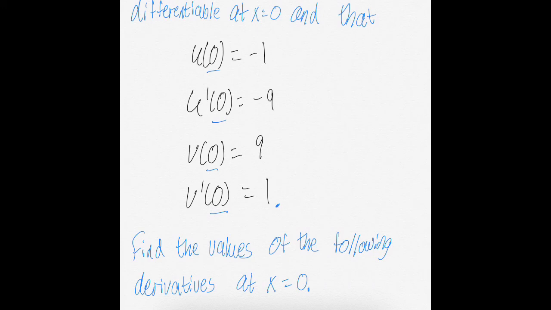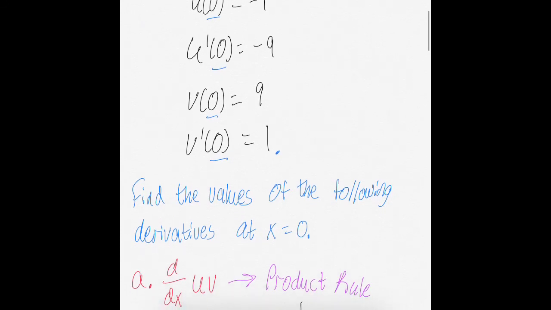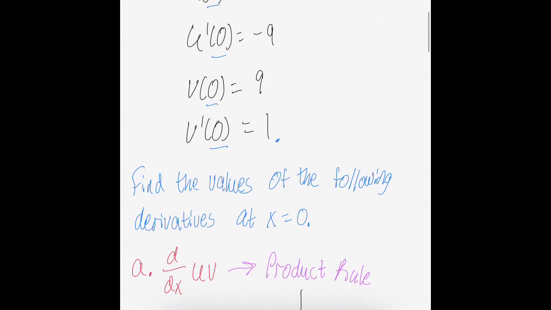The other comment is that one of the cool things about this problem, this is such a cute problem, is that we're going to be able to find all kinds of information, and we don't even know what these functions u and v actually are. All that we know is their value at one particular point. So this shows how using just a little bit of information can actually go a pretty long way sometimes. So without further ado, let's jump into it.